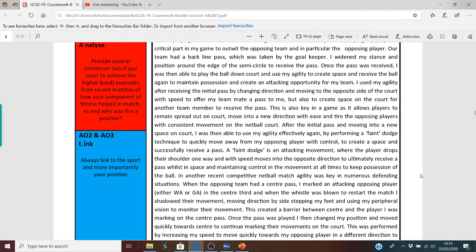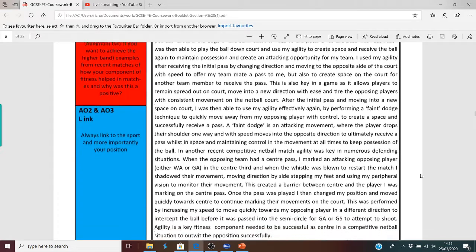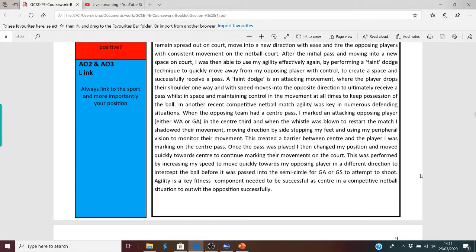Once the pass was played, I then changed my position and moved quickly towards centre to continue marking their movements on the court. This was performed by increasing my speed to move quickly towards my opposing player in a different direction to intercept the ball.